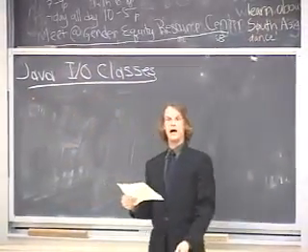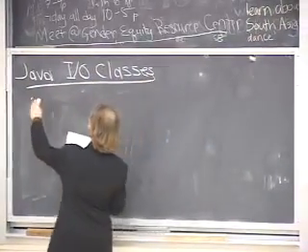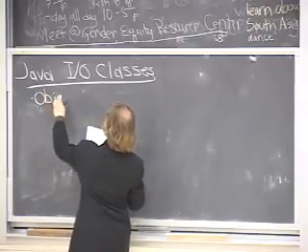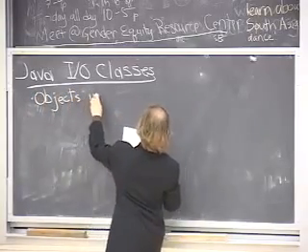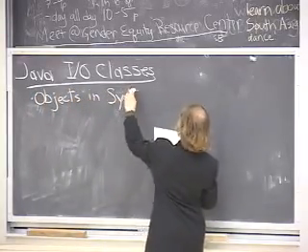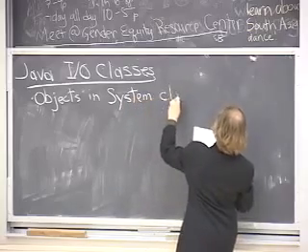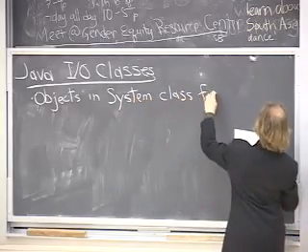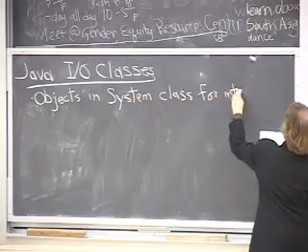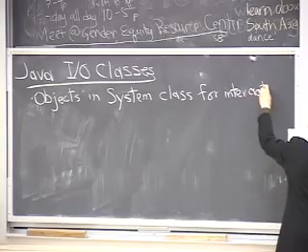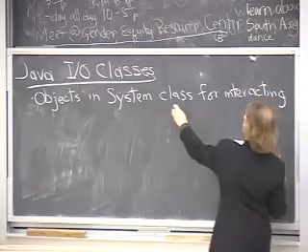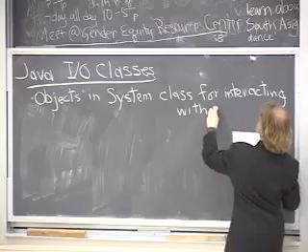I want to talk a little bit about I/O so that we have some ways of interacting with the user, so that you can read stuff from the keyboard and write stuff out to the screen, especially the latter. Java has built-in classes and methods to help you do this, and they are in the built-in System class.